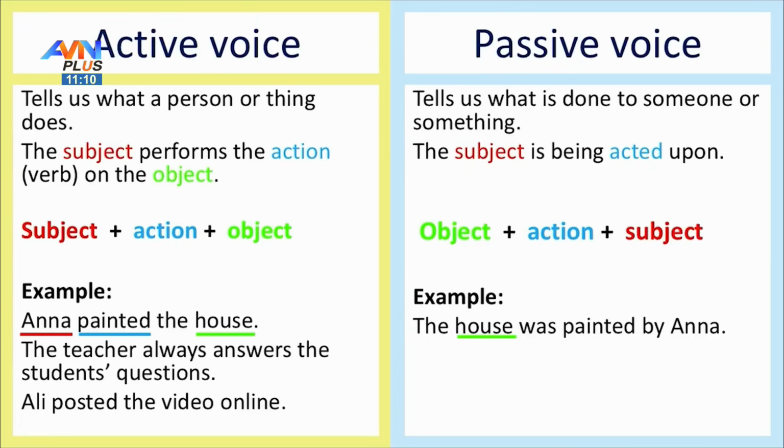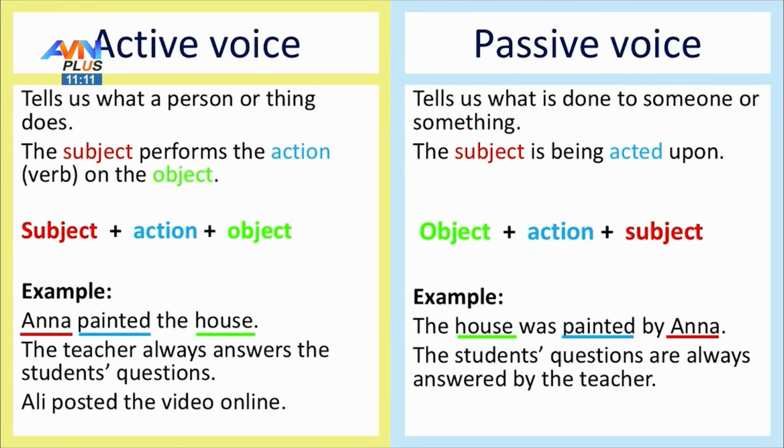The object is the house. Painted is the action. Anna is the subject. Another example is, the students' questions are always answered by the teacher. The video was posted online by Ali.